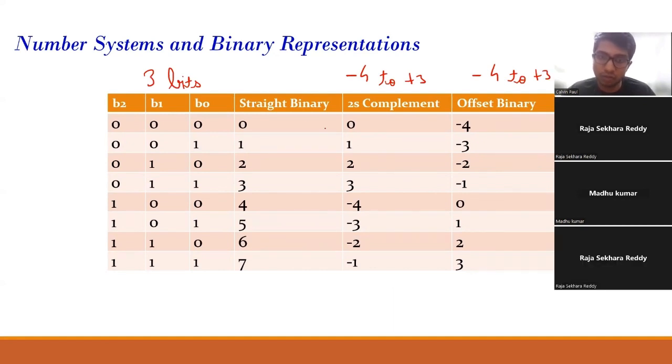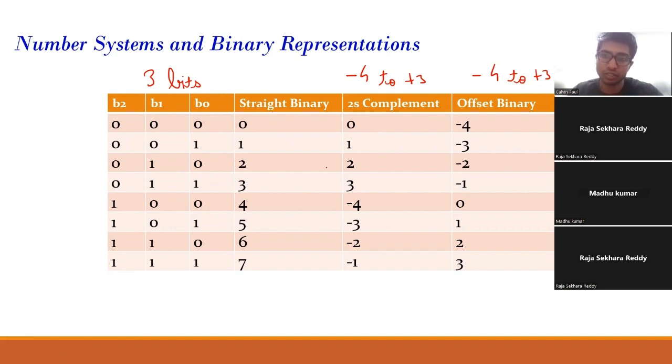And we know how to convert straight binary to 2s complement. Suppose you have a number in 1s complement and you want to find its 2s complement. You will first take its 1s complement and then add 1 to it.